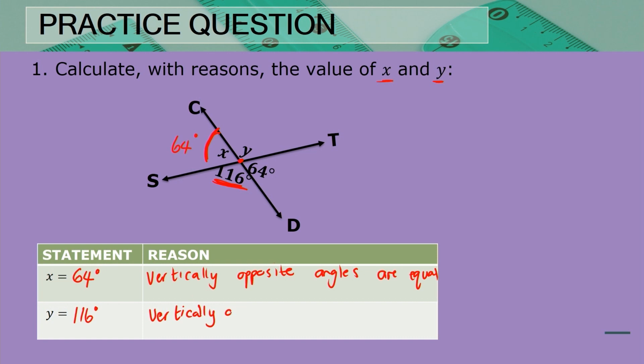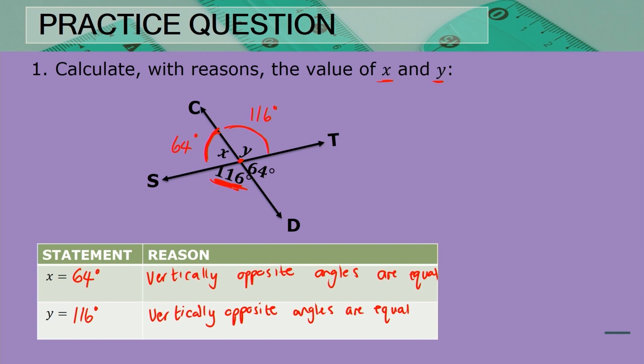So vertically opposite angles are indeed equal. So that means that the value for y is 116 degrees.